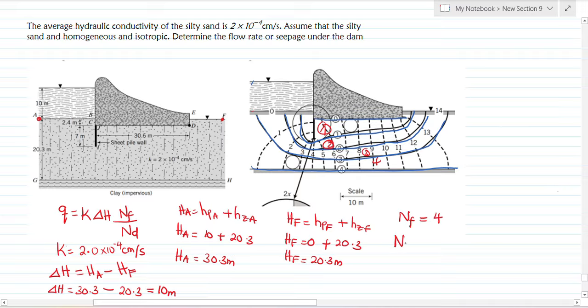Then we need to find the number of drops. Just identify the equipotential lines, the spaces between them, and count them. So this is an equipotential line. There's another, another, another, another equipotential.